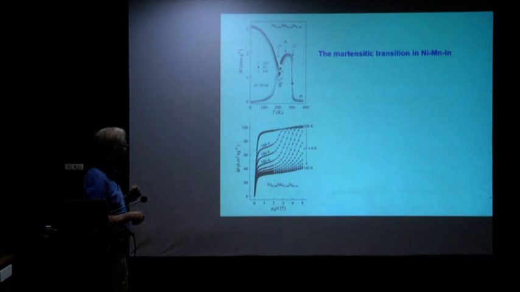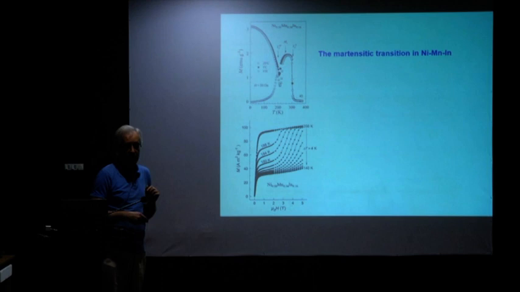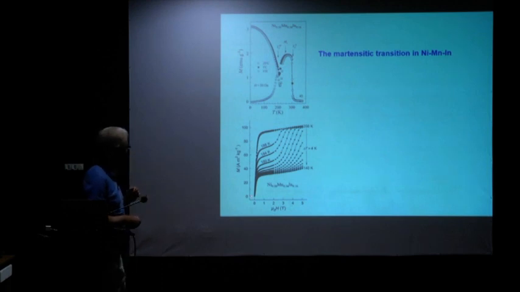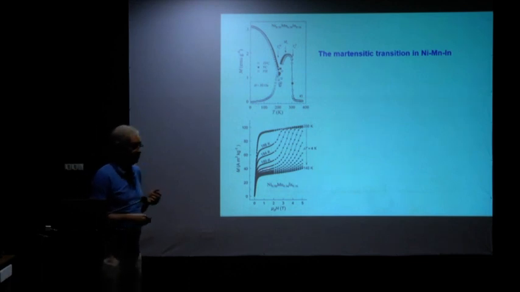So you sit here, and then you turn on your magnetic field, and you find this field-induced transition that you see over here. So you're in one state, and then you go into another state. So what is this state? You see here in this state, we said that, okay, we have antiferromagnetic interactions. But what are we seeing?